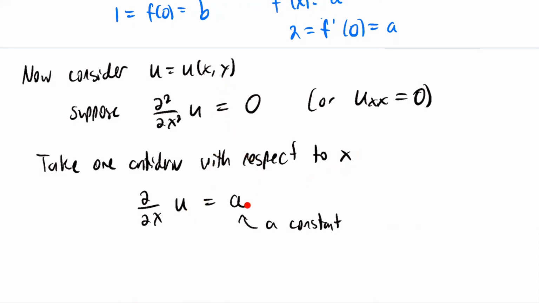So it's perfectly plausible that whatever this a is, it could depend on y, right? So a is constant with respect to x, but it could depend on y. And so this is kind of a big important point that may hint at the extra complexity of partial differential equations.